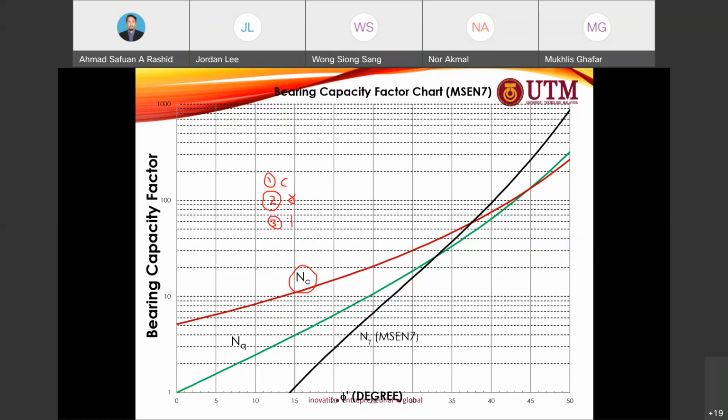So the gamma that we use in the calculation for sub-equation number 3 is based on the soil properties below the foundation base. Later on we may discuss the Smith reference.